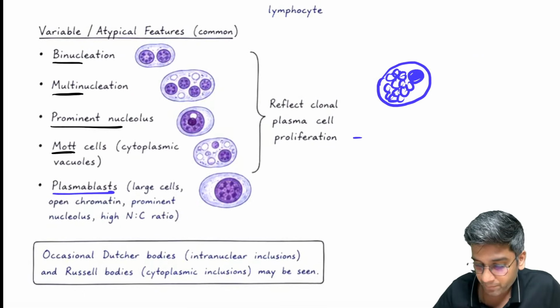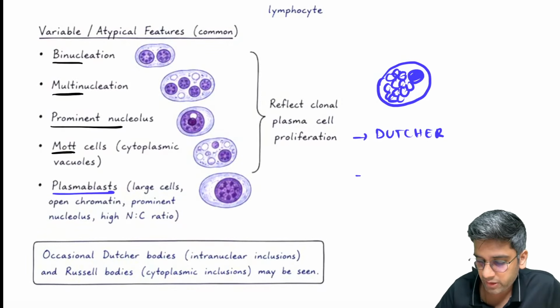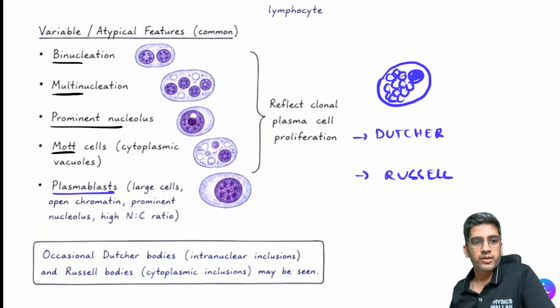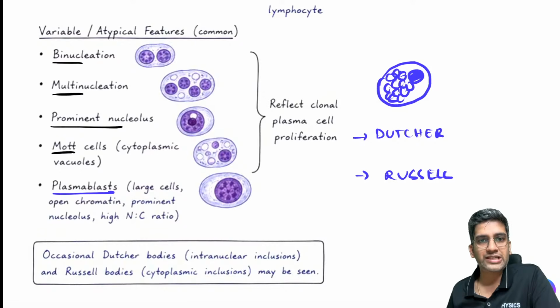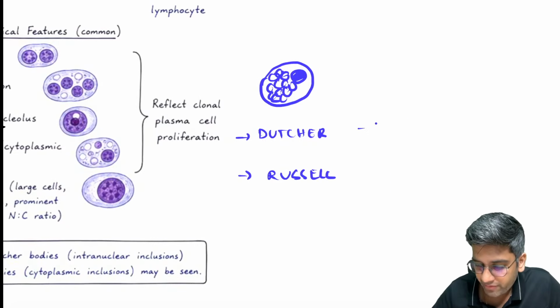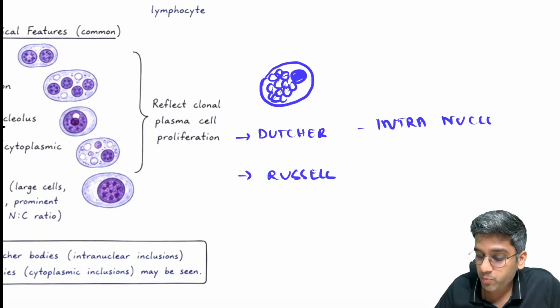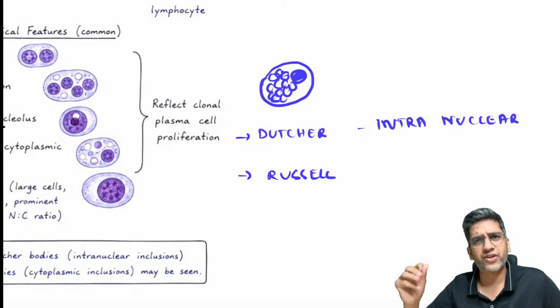In addition to that, we had Dutcher bodies. Can anyone recollect what is Dutcher body and what is Russell bodies? Dutcher is, you'll have intranuclear inclusion. If it's possible, draw a diagram. Otherwise, just write intranuclear inclusion.